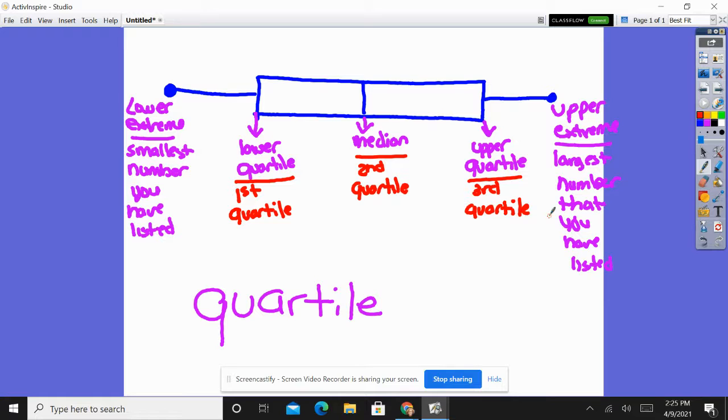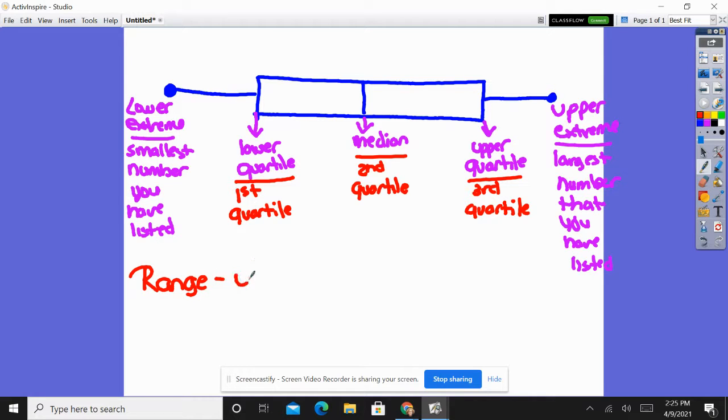Okay? So, they're going to ask you questions like this. They're going to say, okay, what's the range? Well, to figure out the range, you take the upper extreme and subtract the lower extreme.